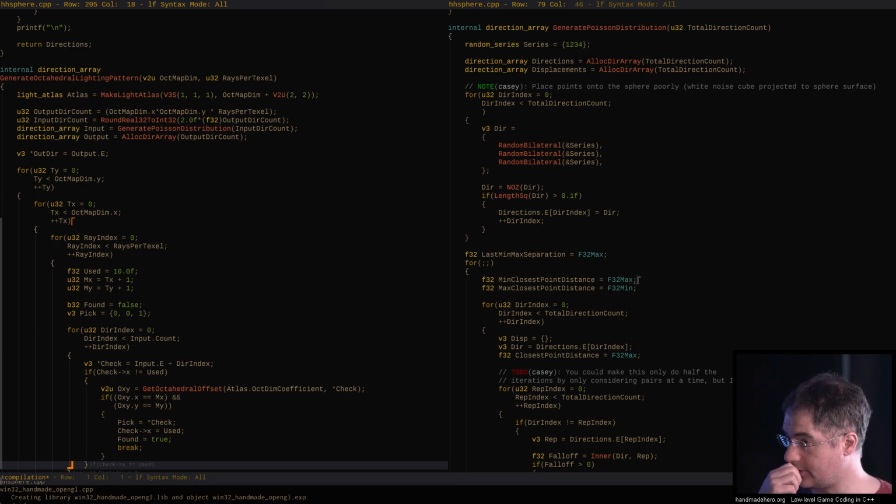And then when we go to look for 16 of them, we find that there supposedly aren't 16 in some of the texels, right? Supposedly. That's what we are told.